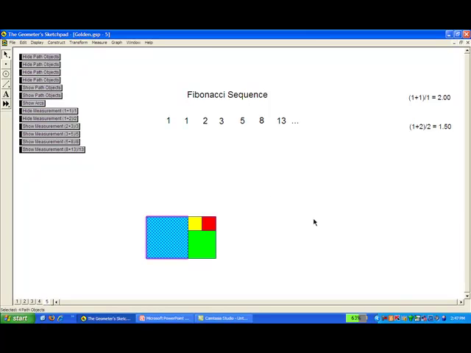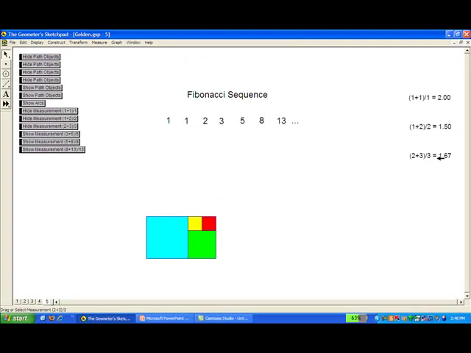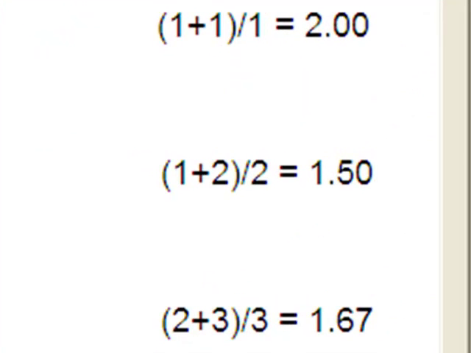Alright, now we'll add another square onto the long side, which is 3 by 3. Now if we take the ratio of the long side by the short side, we get 2 plus 3 over 3, or 1.67.